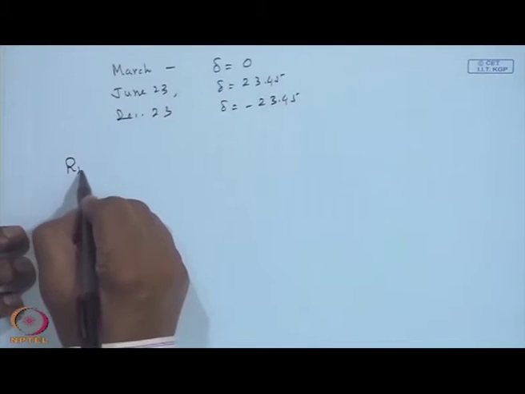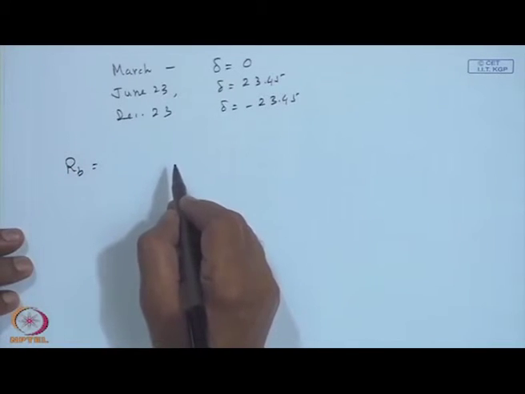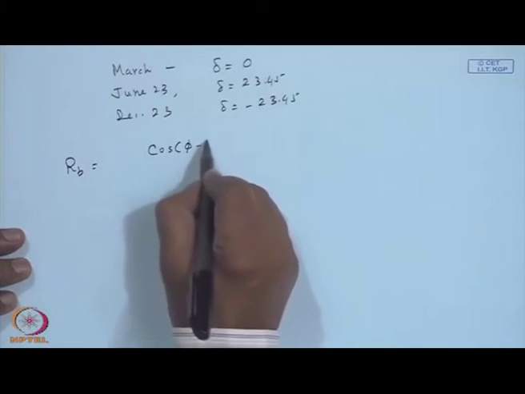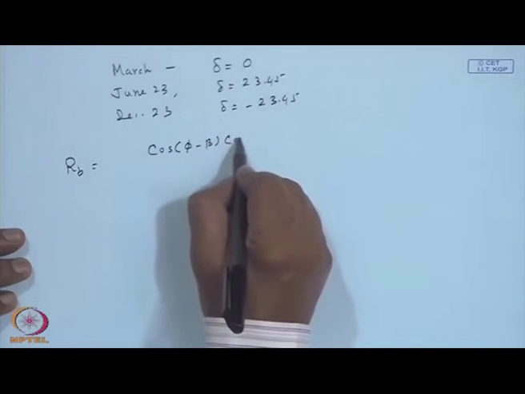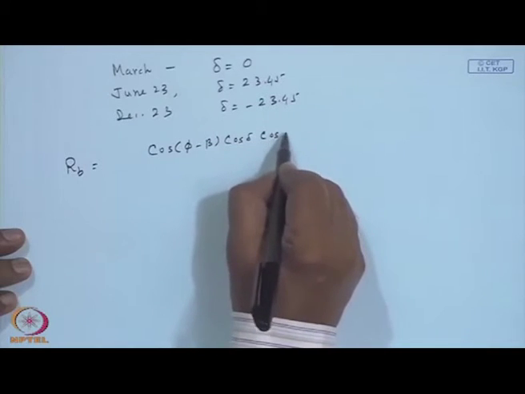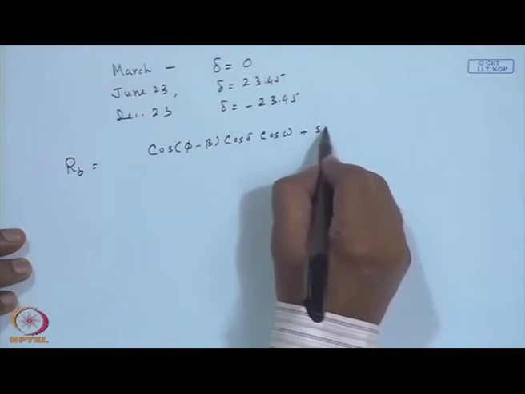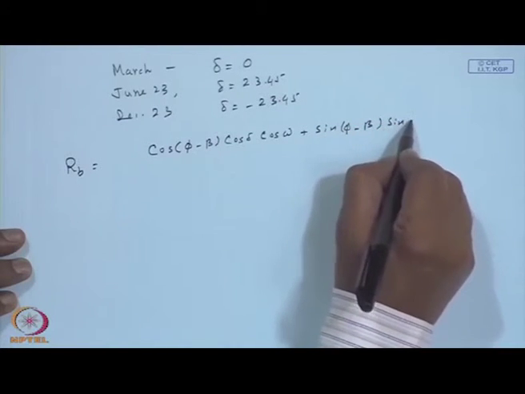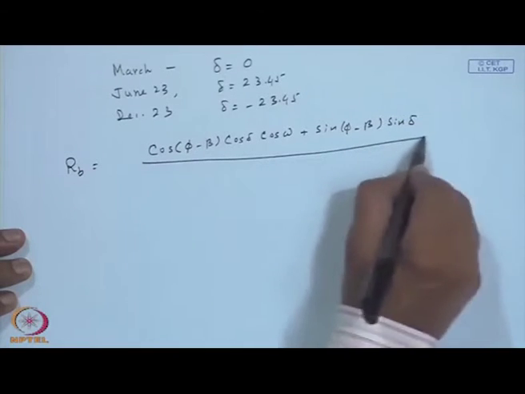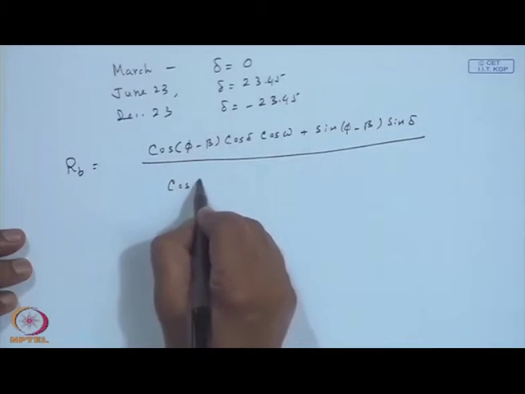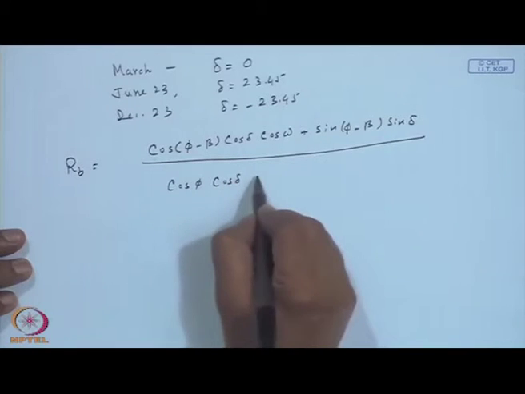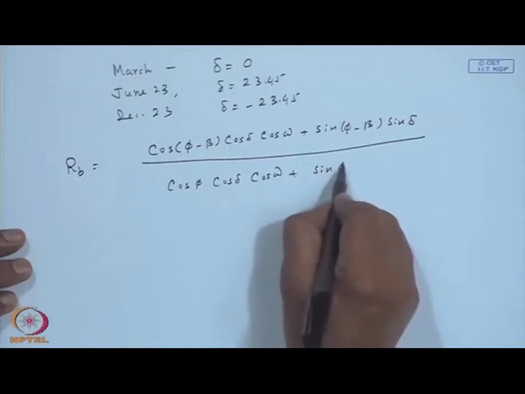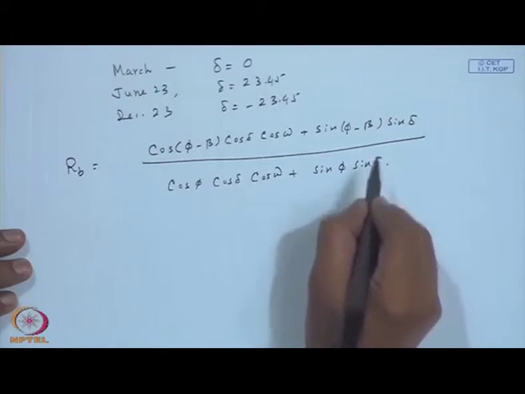My R B for a south facing surface is a simple formula I can remember. So, you should be able to remember cos phi minus beta cos delta cos omega plus sin phi minus beta sin delta over cos phi cos delta cos omega plus sin phi sin delta.